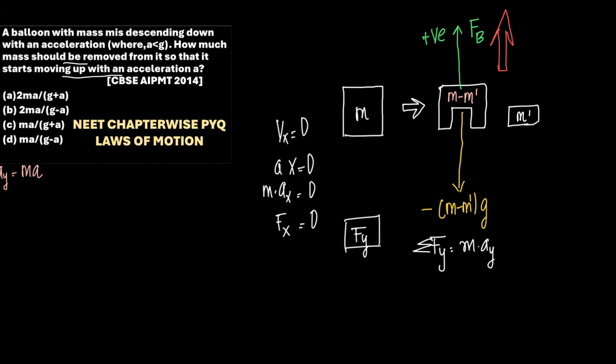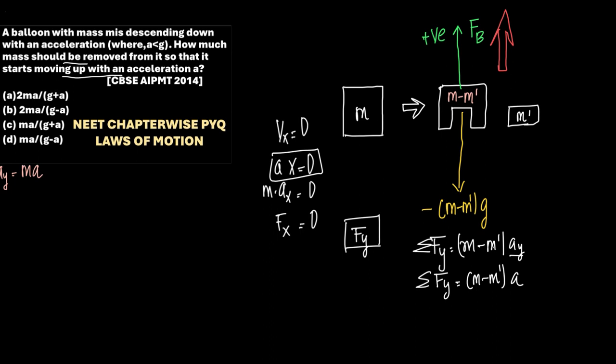Now instead of m here, we actually have m minus m dash. So this is m minus m dash into ay, and since there is only one component of acceleration, along the y, and ax is equal to 0, I can write this as m minus m dash into a.